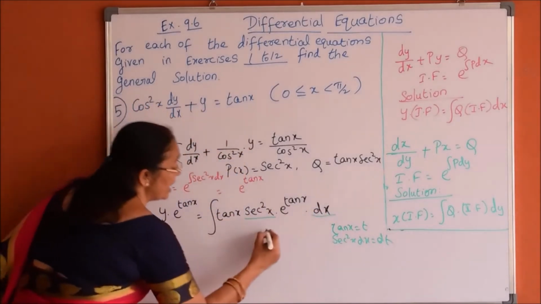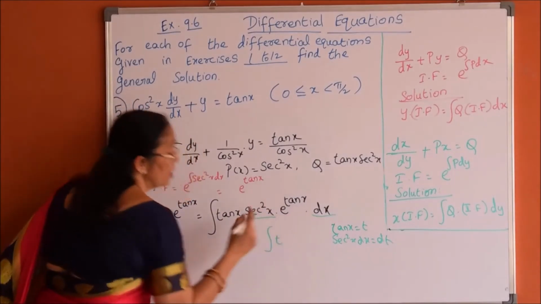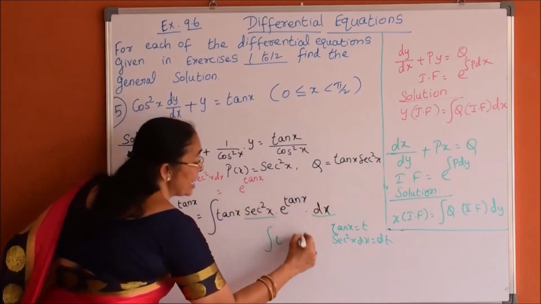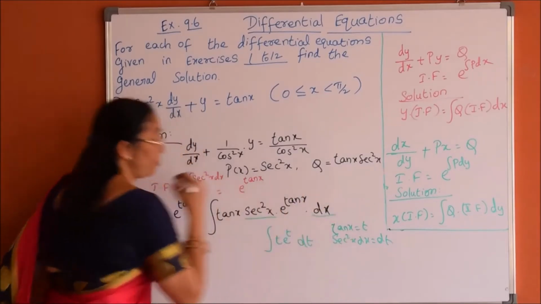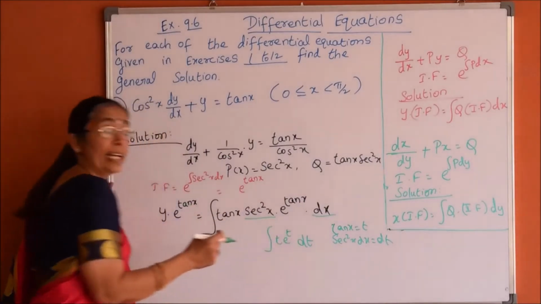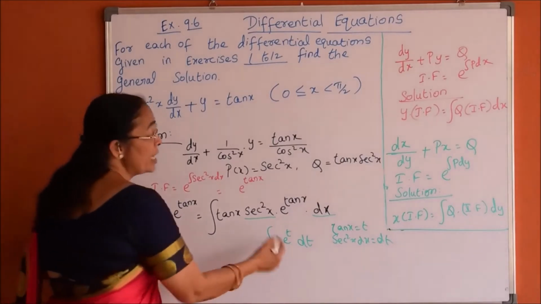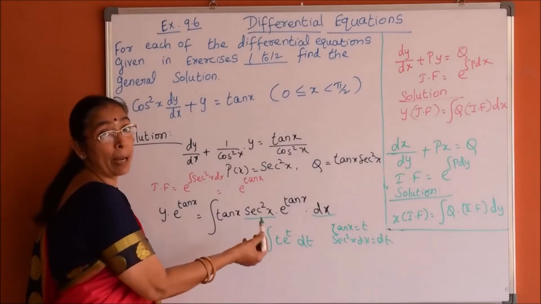So the given integration will change as integration of tan x, which is t, secant square x dx is dt, and e power tan x is e power t. So the given function changes to integration of t e power t dt. Now this integration we can solve by the product rule, applying the integration by parts method.